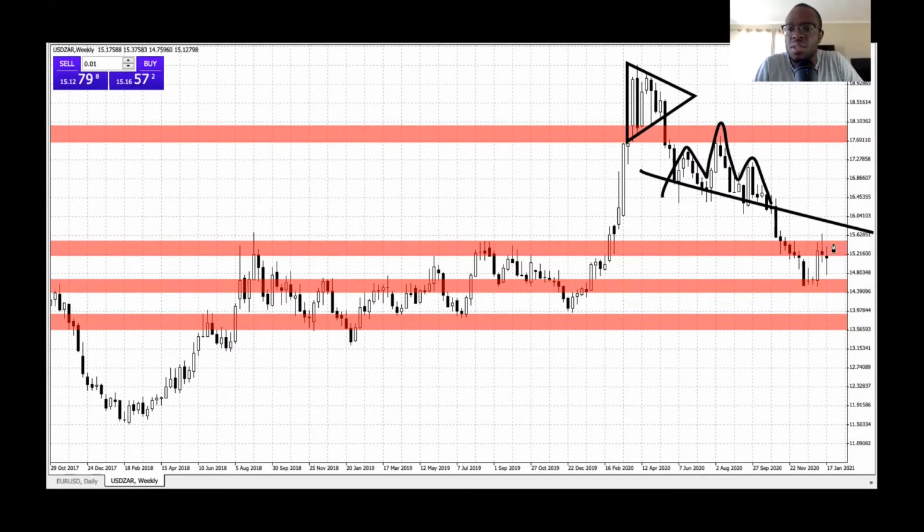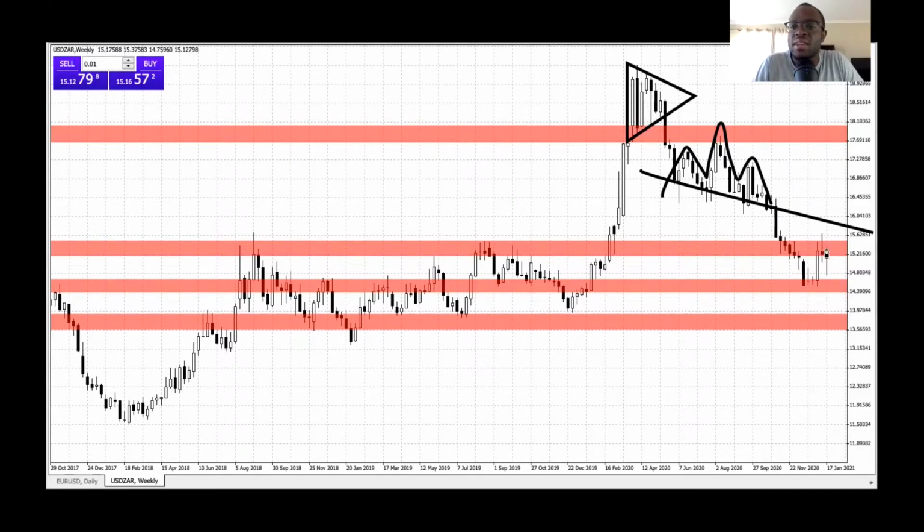Alternatively, if this zone doesn't hold, this will become a false breakout, and the price is going to go to the upside. Upon coming to this upside, I'm expecting that it's going to test this neckline region, after which it will either move to the downside again to retest 14.399096, or even break it to reach 13.56593.